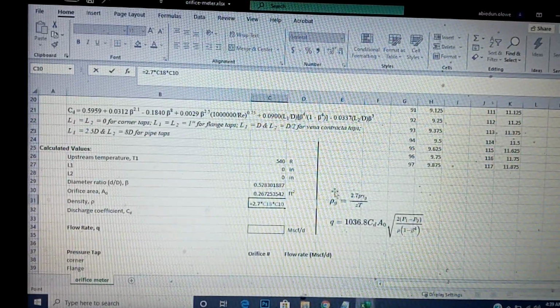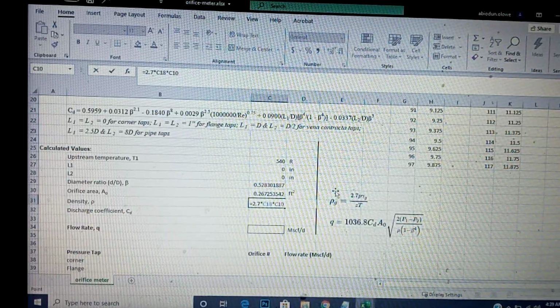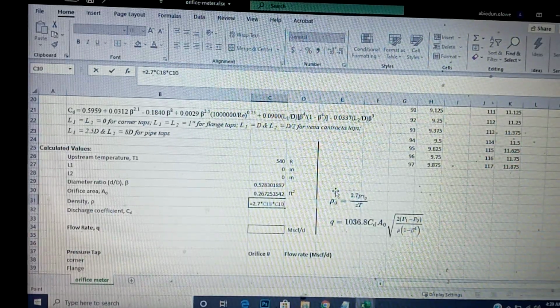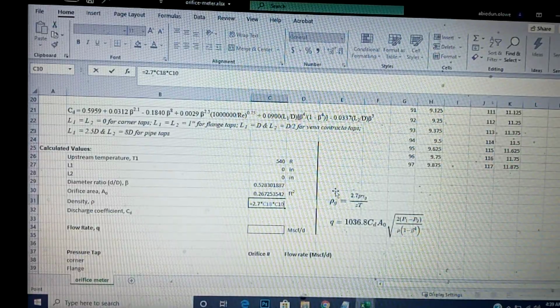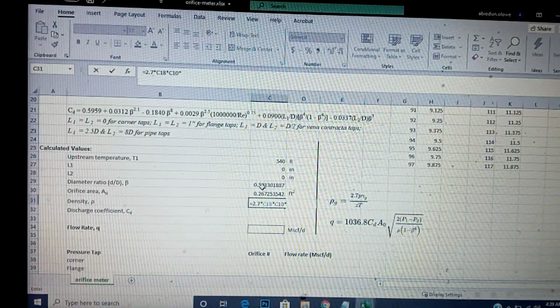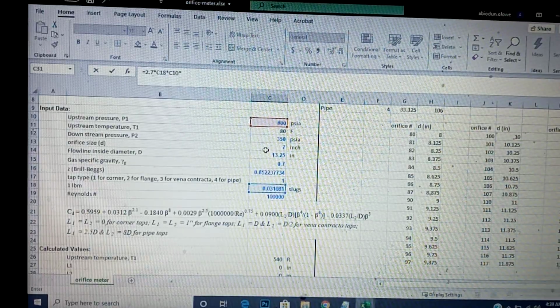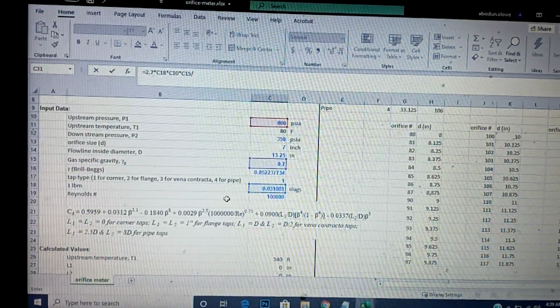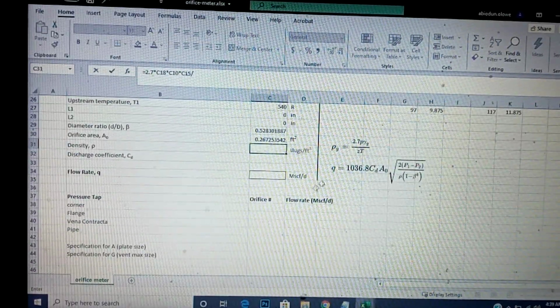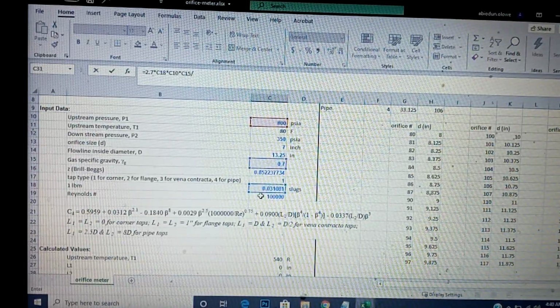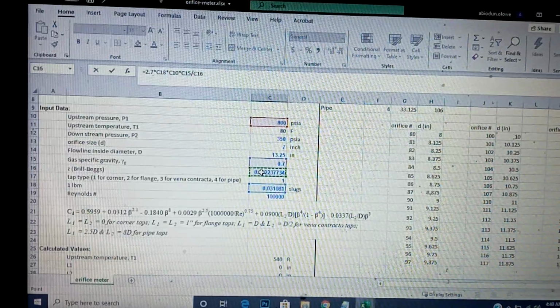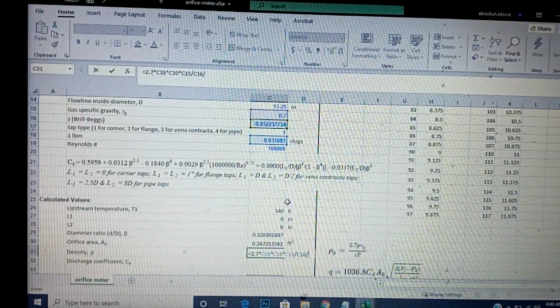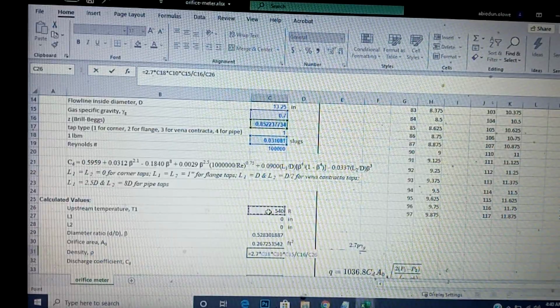Then multiply by specific gravity, that is C15, divided by Z, C16, then divided by temperature in Rankine, C26.